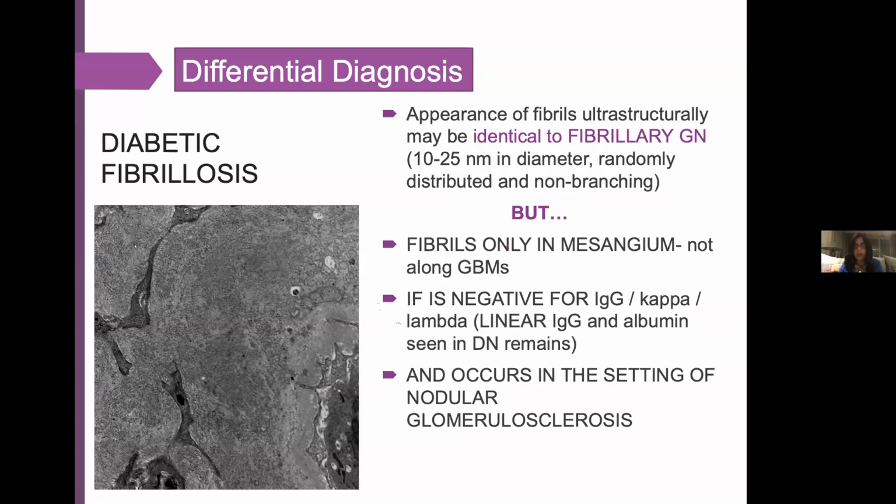But in diabetes, these fibrils are only in the mesangium. You're not going to find them in the glomerular basement membrane. Diabetes is negative; it's not going to give you IgG, kappa and lambda deposits. Its IgG is linear, and this is only on IF. And it occurs in the setting of diabetic nodular glomerulosclerosis.